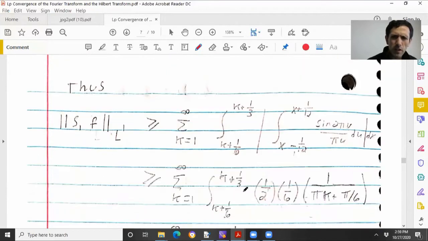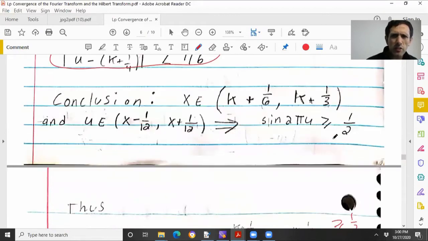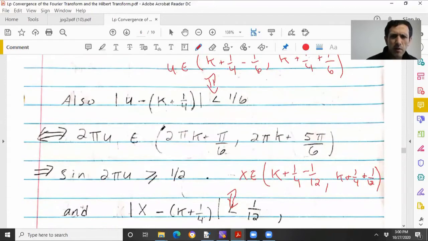And this is sine 2 pi u, so this here is bigger or equal to 1/2, and that's where we get this 1/2 here. Okay, and pi u is bigger or equal to pi k plus pi over 12.